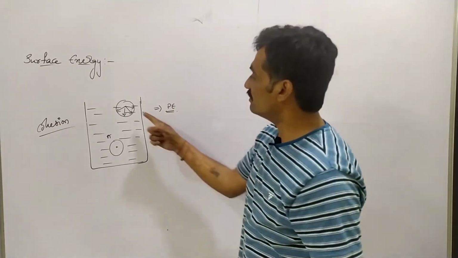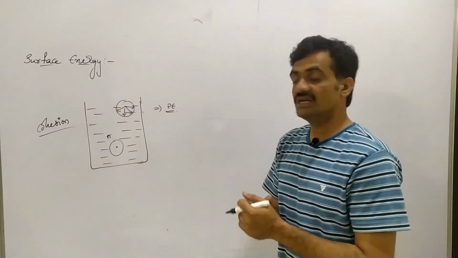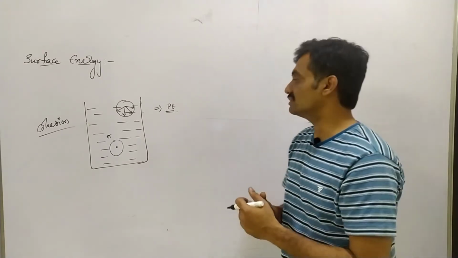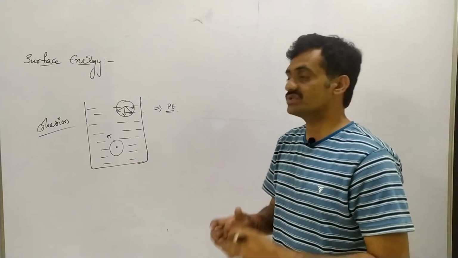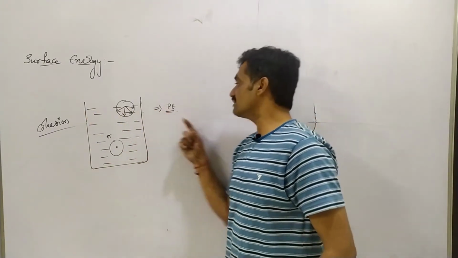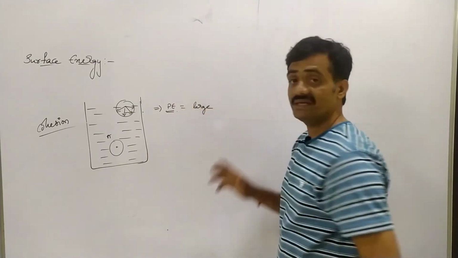Why? Because the work done on this molecule is stored in the form of potential energy. Since the molecule is not moving, its kinetic energy will be zero, so it has potential energy. As the surface area is large, its potential energy will be large, it will be maximum.